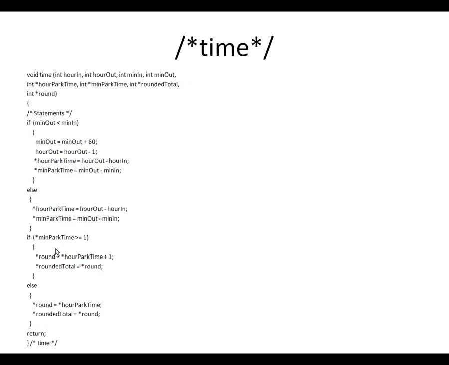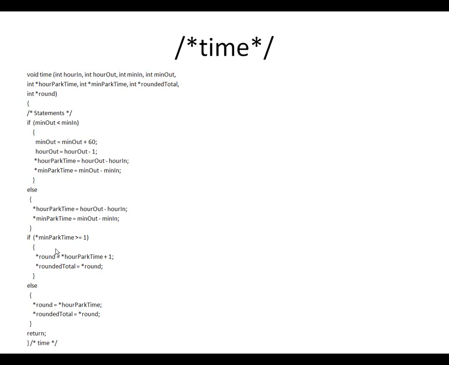The next routine or next function is the time function. Again, I'm passing by value the hour in, hour out, minute in, minute out, and I'm doing pass by reference for hour part time, minute part time, rounded total, and round variable.